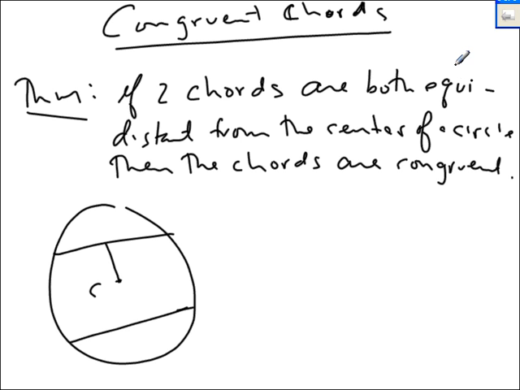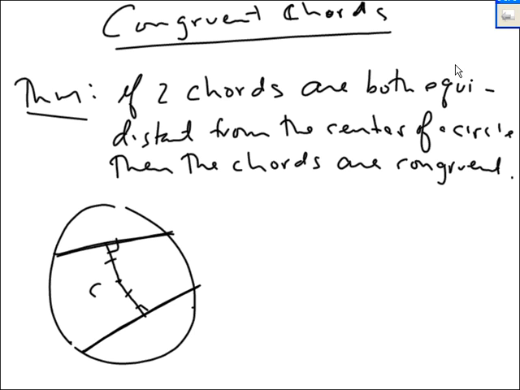If this distance and the next distance, this distance here, are the same, and that's given, then the lengths of these two chords are exactly the same. So that's what is given.